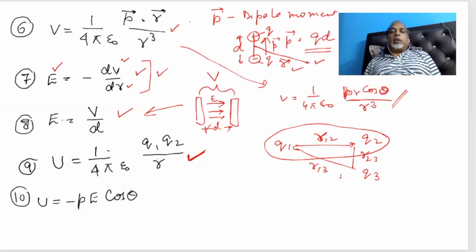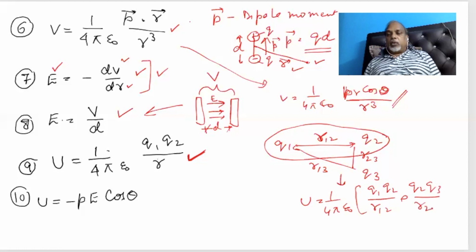And in that case, what will be your potential energy? 1 by 4 pi epsilon 0 times Q1 Q2 upon R12 plus Q2 Q3 upon R23 plus Q1 Q3 upon R13.